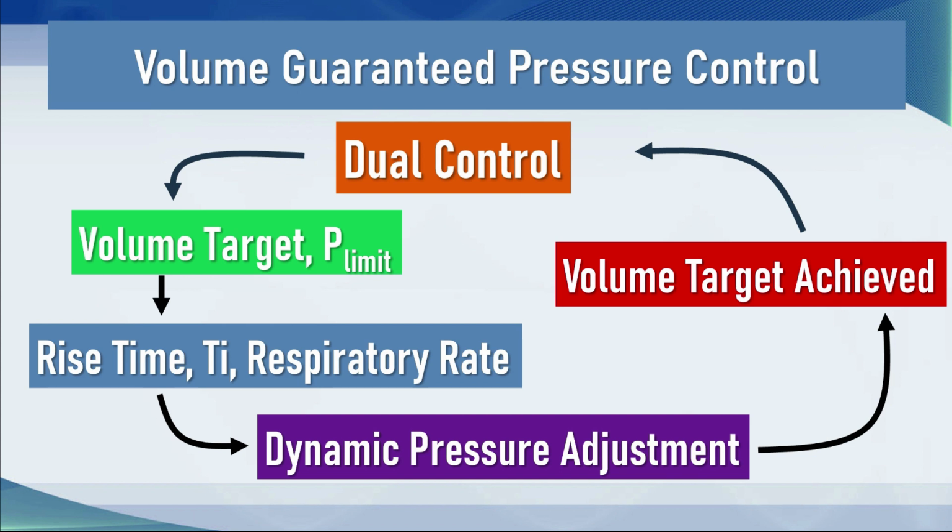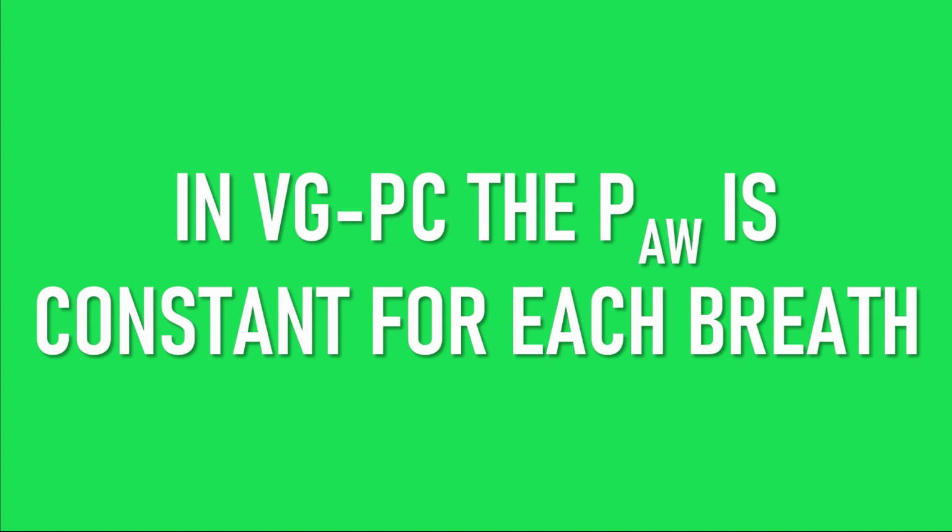The things that you set that are locked in are the rise time, the rate, and the inspiratory time. It's important to understand that the inspiratory pressure level is constant during each breath. Once the breath is constructed, the pressure doesn't change, and this is different from automatic tube compensation.